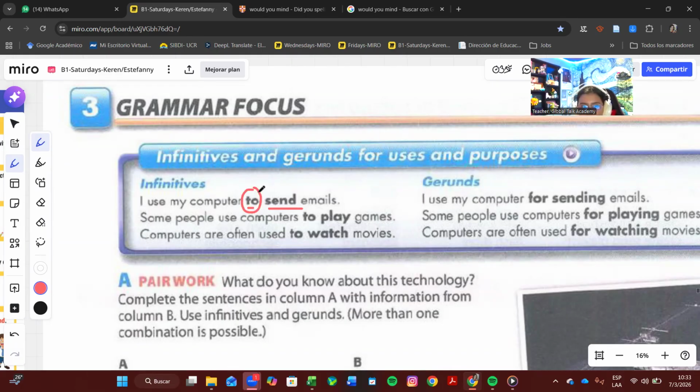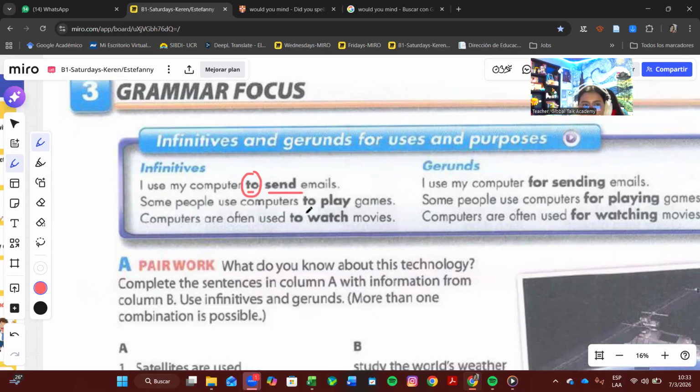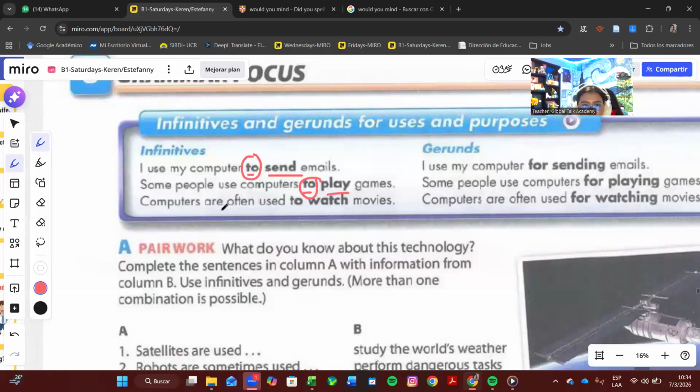We don't change the verb: to send emails. Some people use computers to play games, right? Again, play. We didn't do anything to the verb. Computers are often used to watch movies. So as you can see, it's to plus verb.